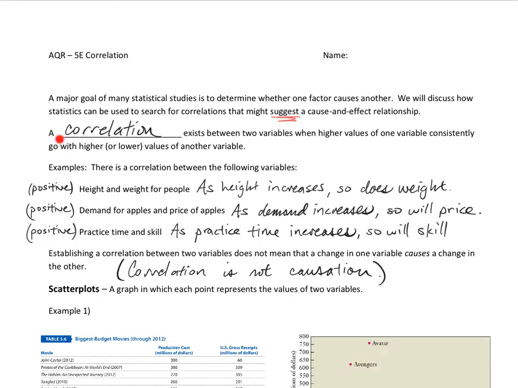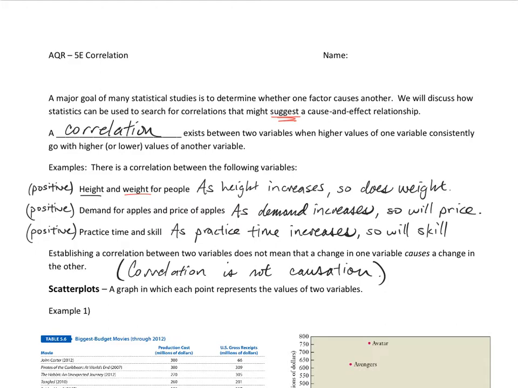Moving on, a correlation exists between two variables when higher values of one variable consistently go with higher or lower values of another variable. So with these three examples here, there is a correlation between both of the variables. One of the variables is the height of people, and the other is the weight of people.